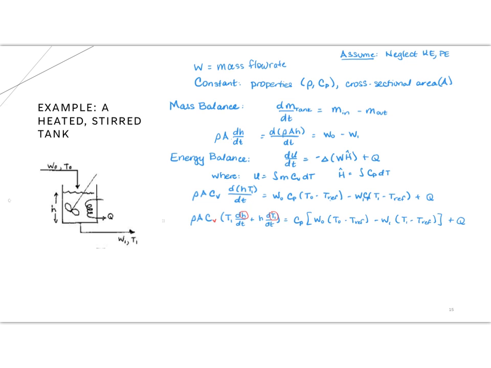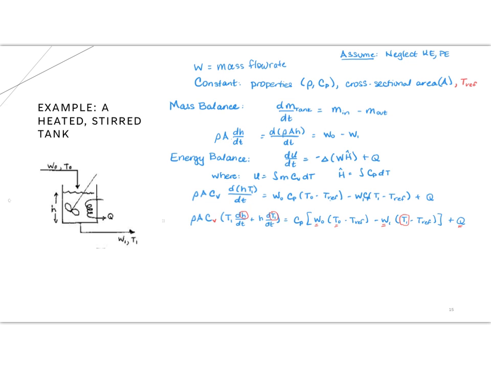Those are constant. But then I have W naught, I have T naught, I have W1, and I have Q that are additional variables. Now Tref, I guess, is also a constant, because it's an arbitrary choice I make for my reference temperature.